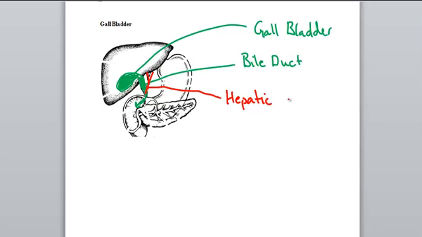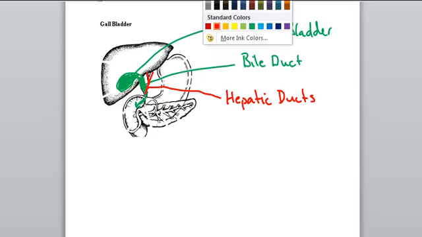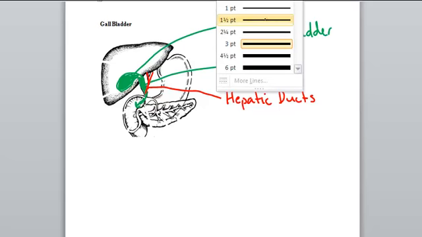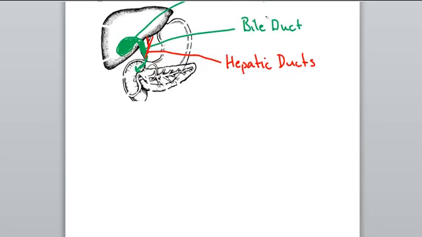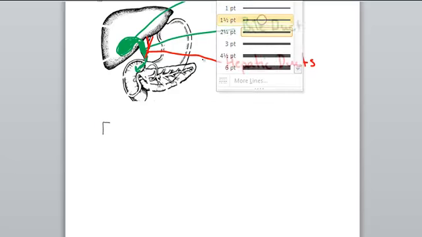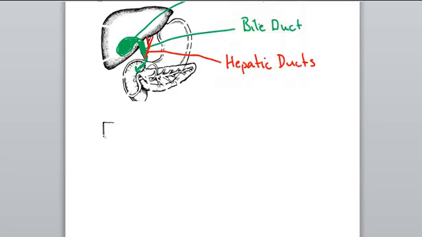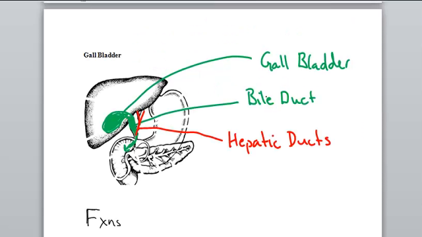Sometimes it's called the common bile duct. And its functions are fairly simple. It looks funny because we're zoomed out.